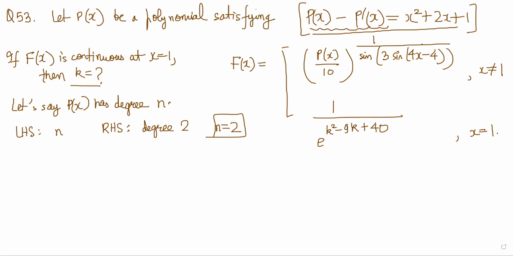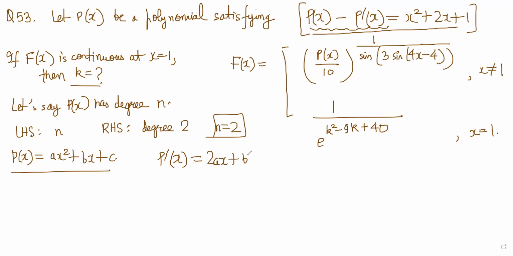N is equal to 2, then we know that px can be written as ax square plus bx plus c, a quadratic polynomial in general, right? So p dash x will become 2ax plus b. So what we have is p of x minus p dash x is always equal to x square plus 2x plus 1.